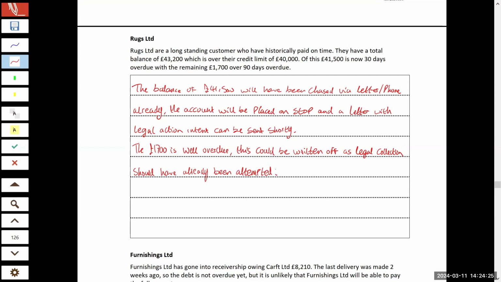So with that one, it's well overdue. So the legal attempts to reclaim the debt should have already happened. So there could be a discussion that if we can't get the debt paid, we'd look to write it off at this point.